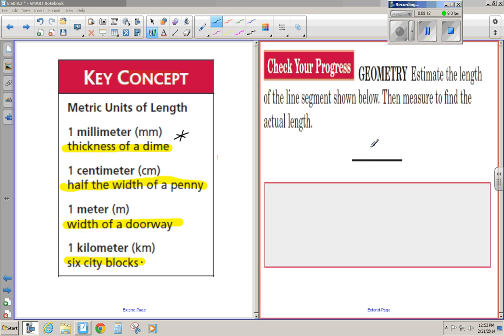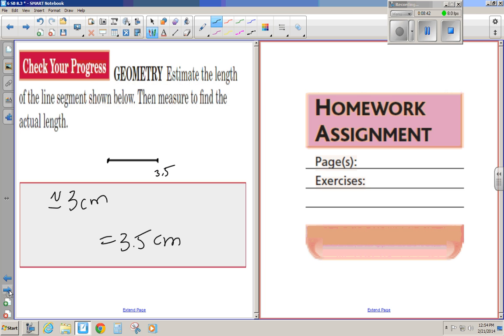It's over the width of a penny. If 1 centimeter is half, this is a whole penny plus a half, so I'm going to estimate approximately 3 centimeters. Then I'm going to grab my ruler and start with 0 centimeters here and measure to here. What you'll find is that it's about 3.5. A more accurate answer would be 3.5 centimeters of length.